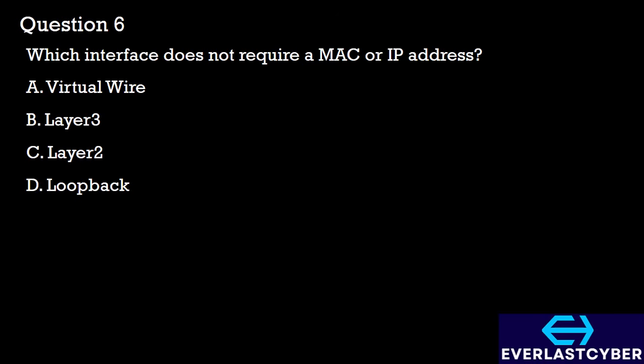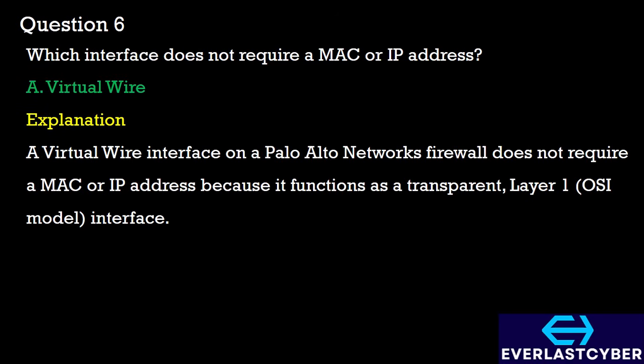It also has a virtual MAC address associated with it, and while it is not purely transparent, it is used for testing or ensuring device availability. So the interface that doesn't require a MAC or IP address is the virtual wire interface.